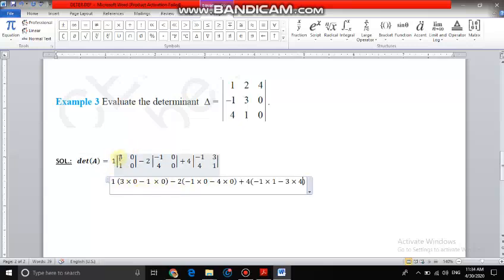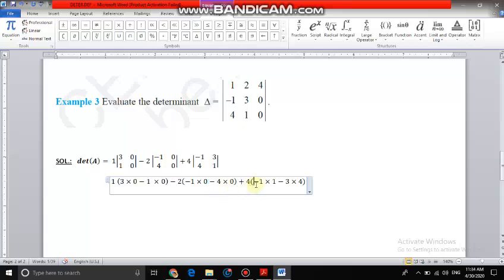Within the bracket, first 3 into 0 is multiplied, 3 into 0 minus, this minus comes from the formula, 1 into 0. Then here this minus 1 into 0, this minus is not from the formula, because I have minus 1 in this matrix, minus 1 into 0, and this minus is again from the formula, 4 into 0.